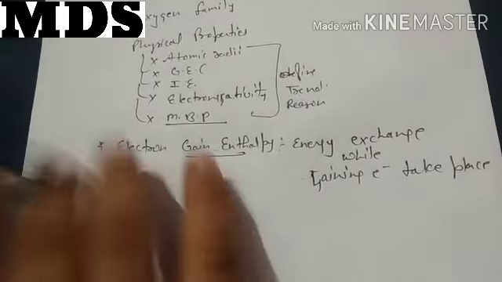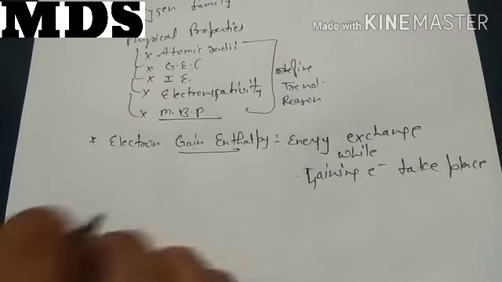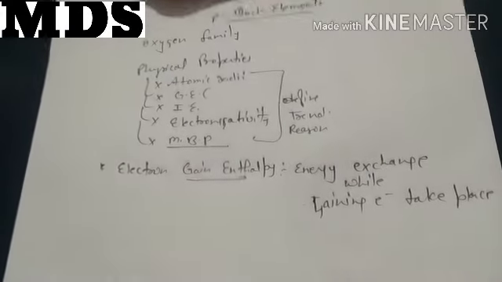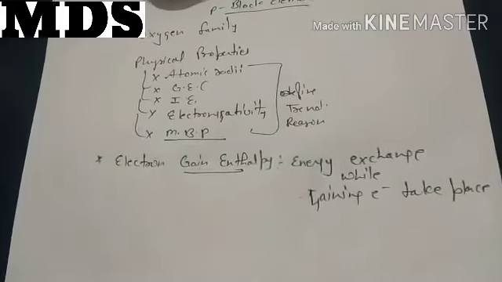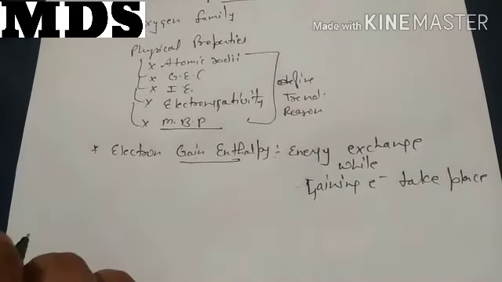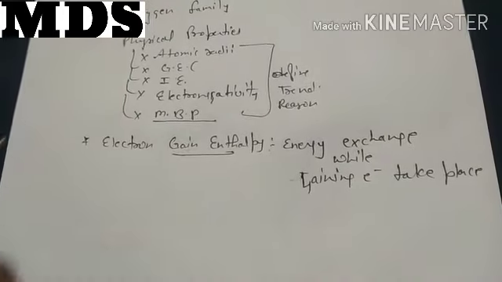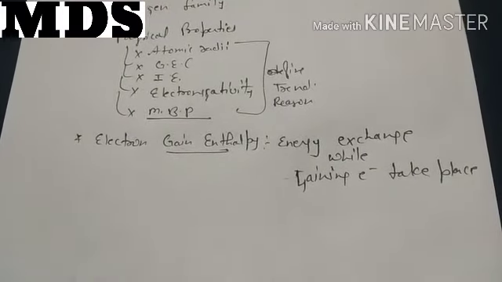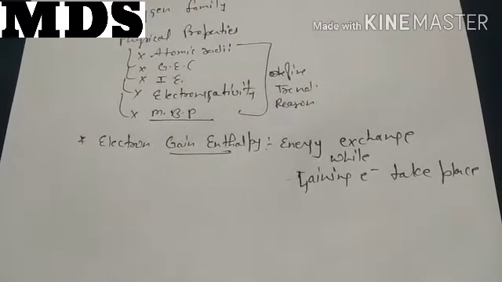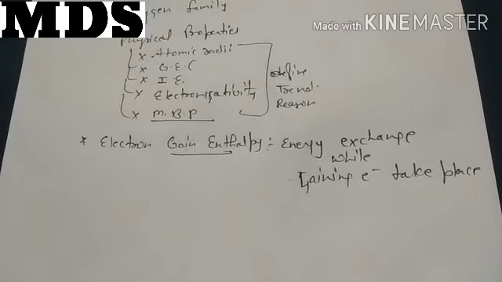But we talk about the oxygen family. You know very well that oxygen is a non-metal with high electronegativity. So oxygen and its group elements usually attain stability by gaining electrons. That's why electron gain enthalpy will remain negative.